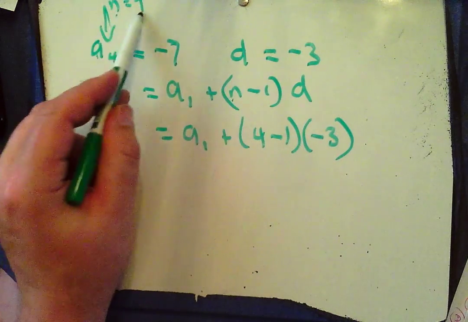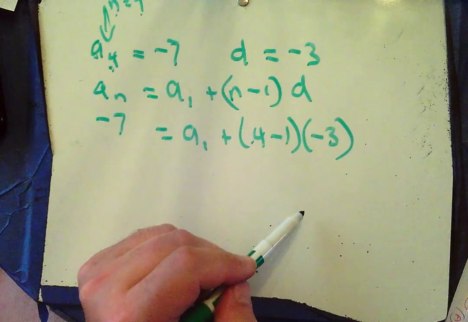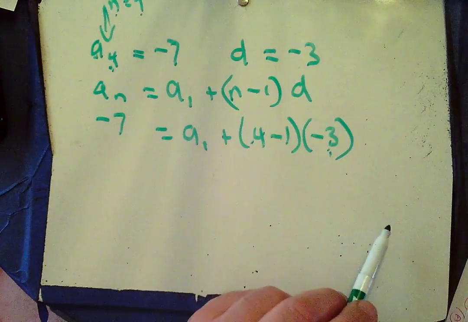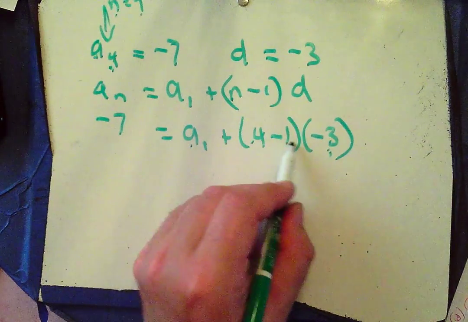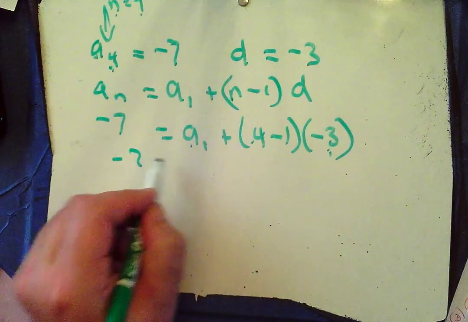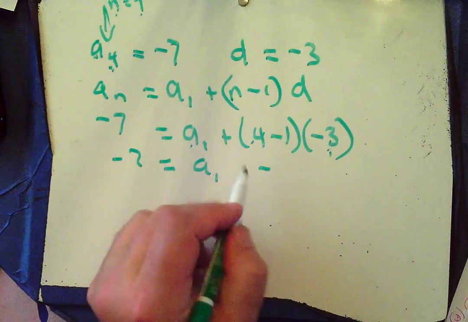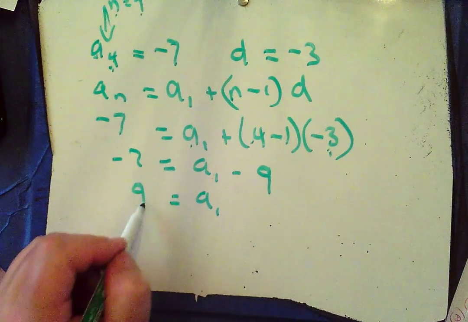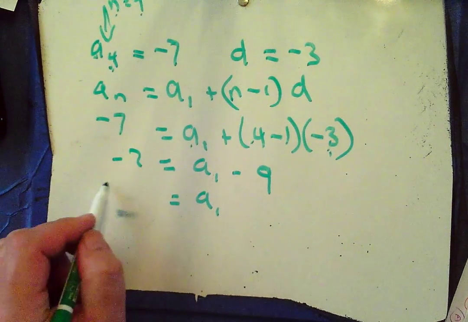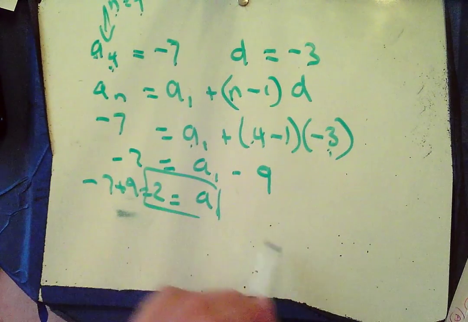We know the term number is 4 because this says a sub 4, so n equals 4. We know the d value, and so we can solve for a sub 1. And we get 3 times negative 3, a sub 1 equals minus 9. And so a sub 1 is negative 7 plus 9, or 2. A sub 1 is 2.